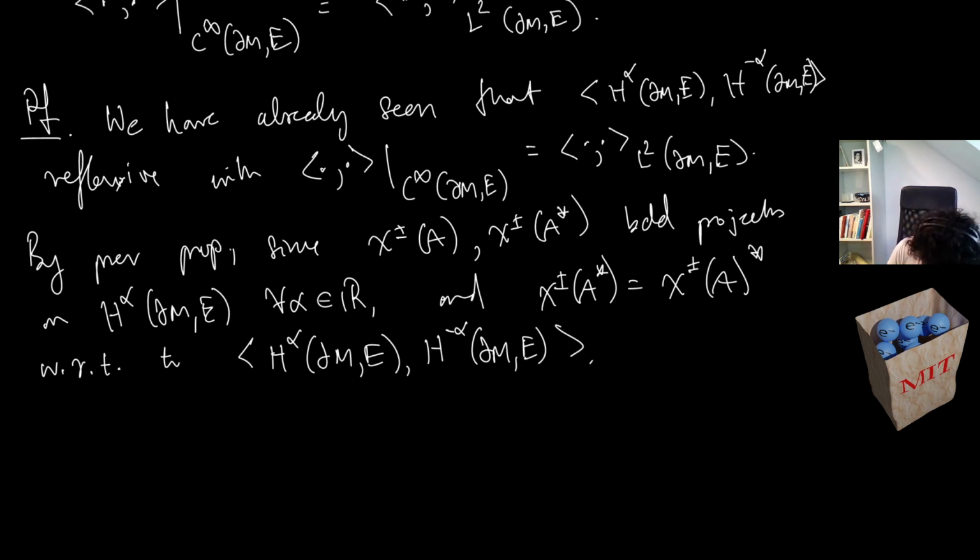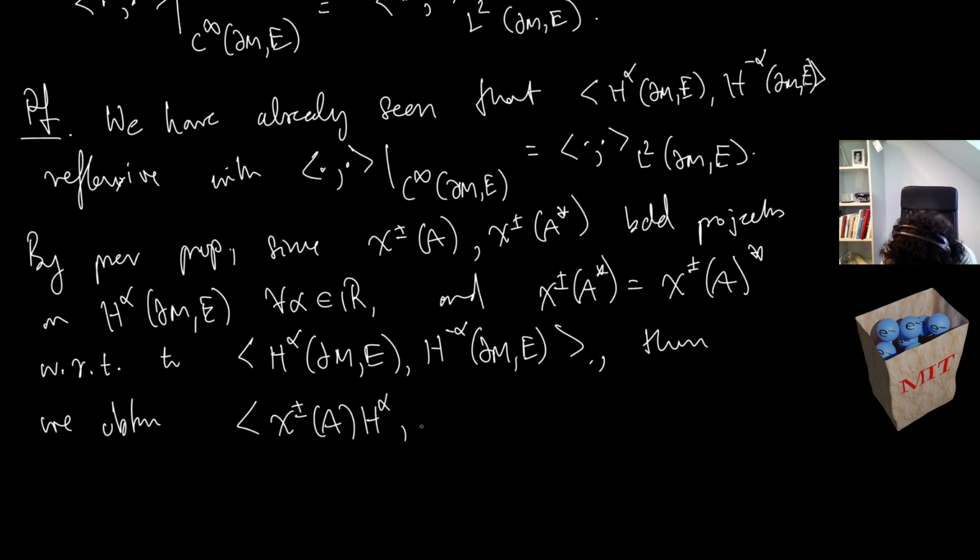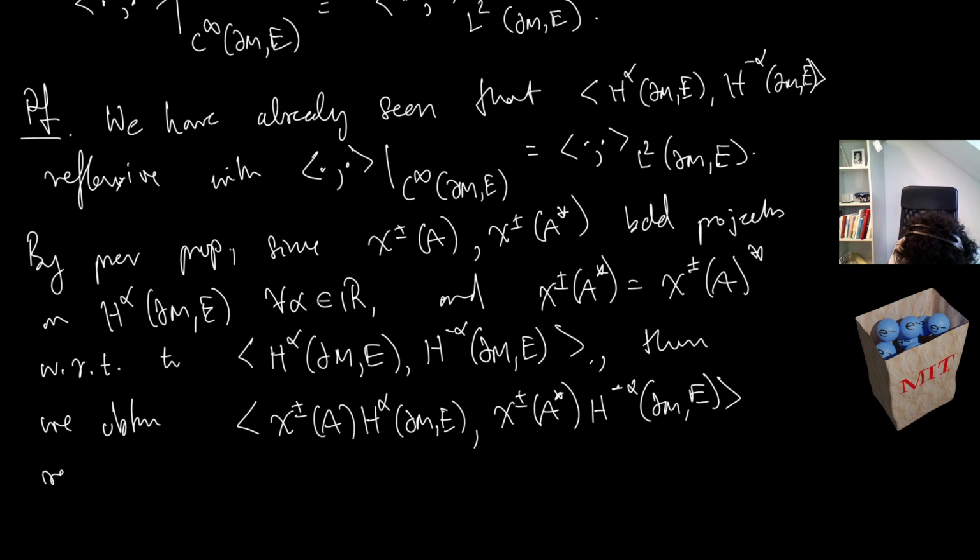So the alpha equals 0 value is of course L2. Then we obtain that chi plus minus A H alpha and chi plus minus A star H minus alpha are reflexive and satisfying this condition, right?